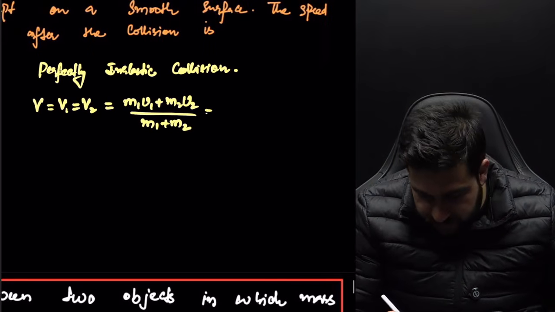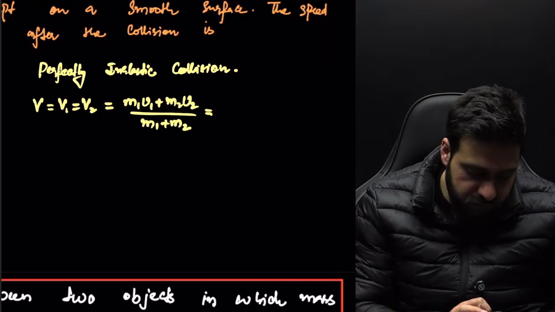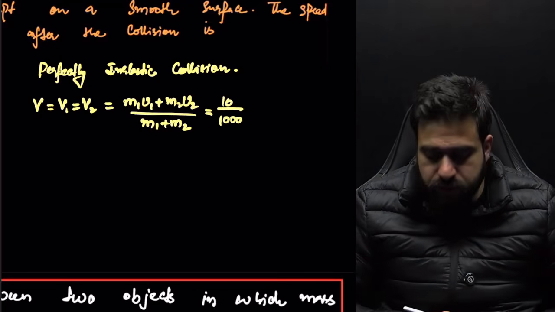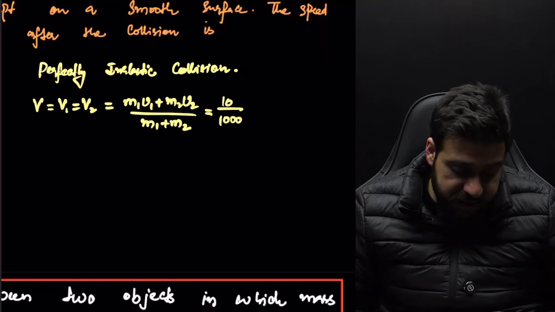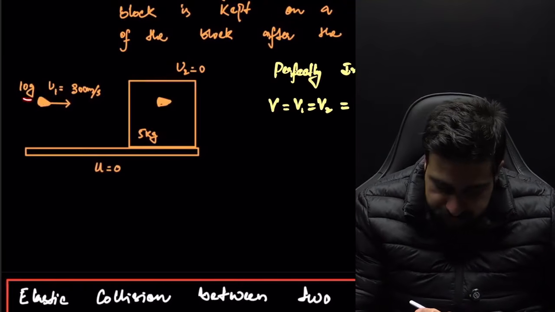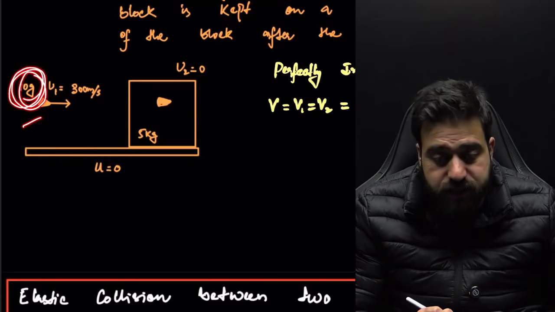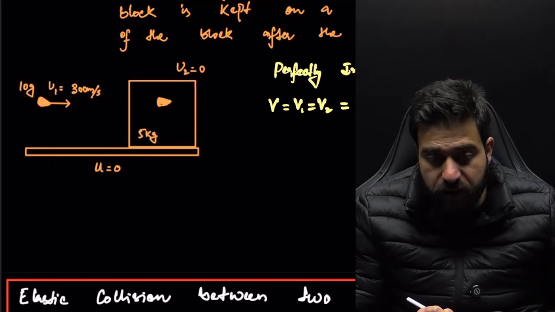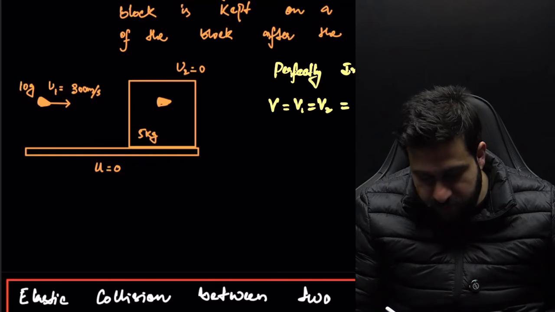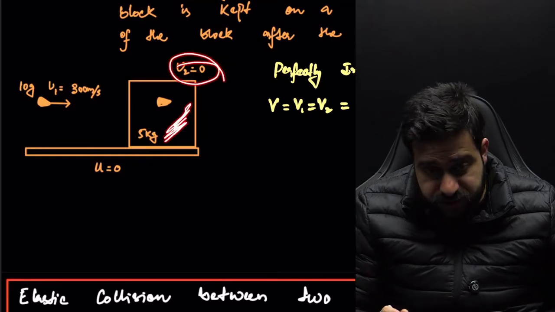M1 I am writing as 10 divided by 1000. Why? Because the mass of the bullet is 10 grams, and 10 grams in kg is 10 by 1000. Into u1 is 300, and u2 is 0 because the block was at rest.